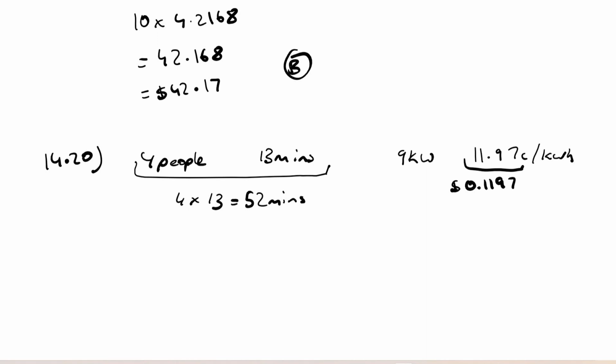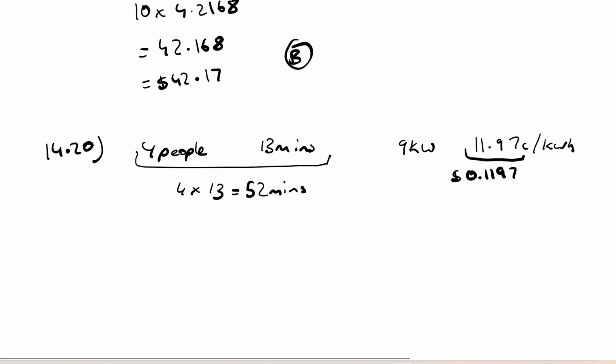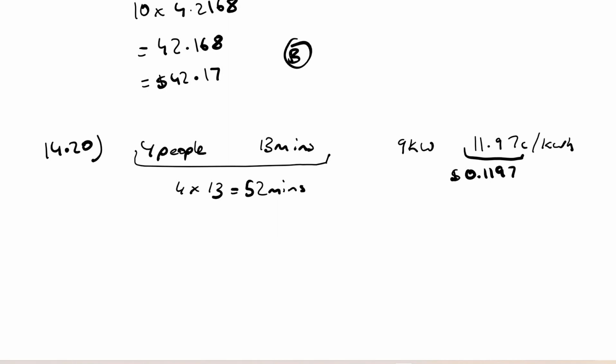And the question is asking us, what is the electricity cost for the hot water used by this household in 1 week? So I can already convert this now to weeks. How many days are in a week? We have 7 days.